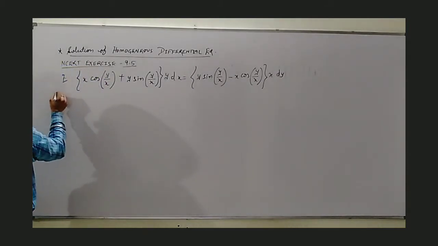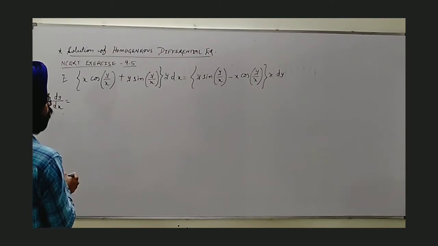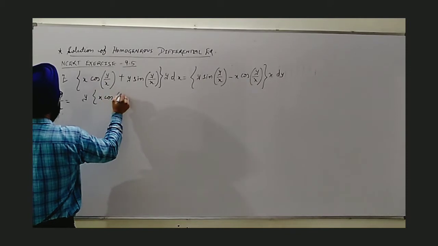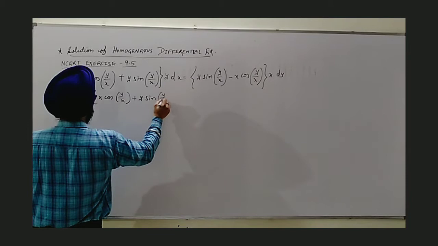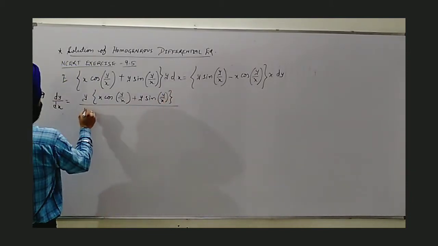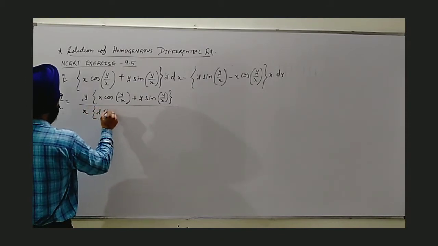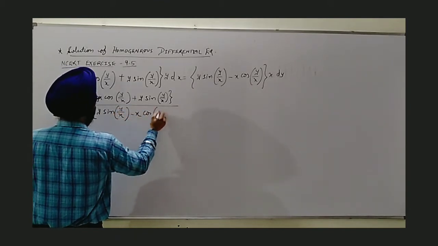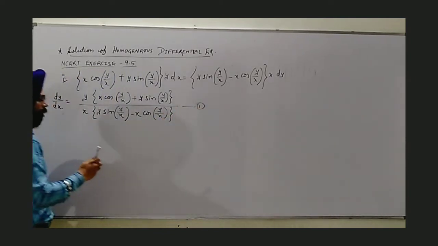So we can write dy by dx is equal to y x cos y upon x plus y sin y upon x in the numerator, and in the denominator x outside the bracket, y sin y upon x minus x cos y upon x. It's very important always to find dy by dx.